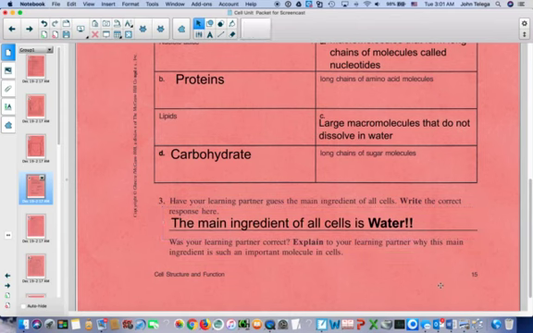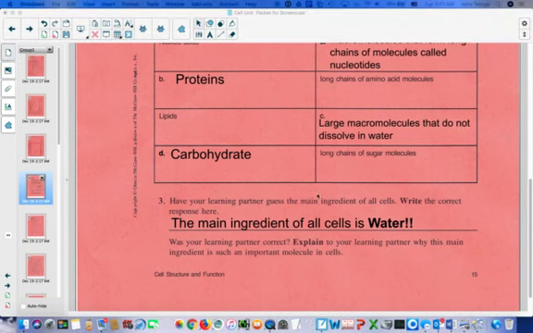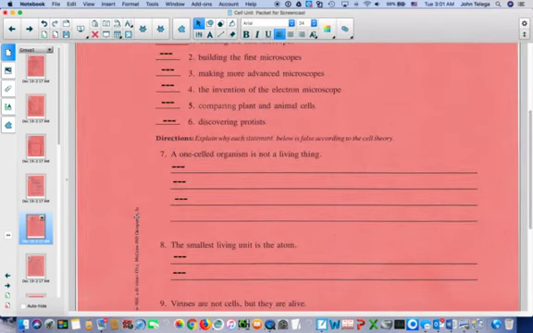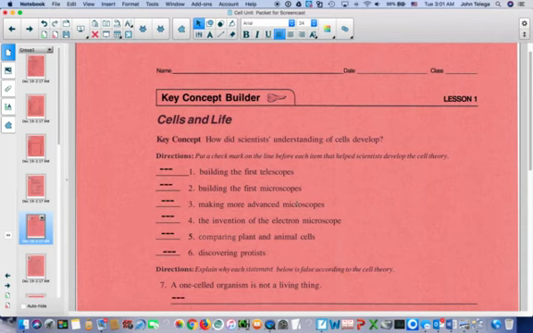Okay. All right, and then on to the next page. That should be page 5 in your packet. I think its number is 17.